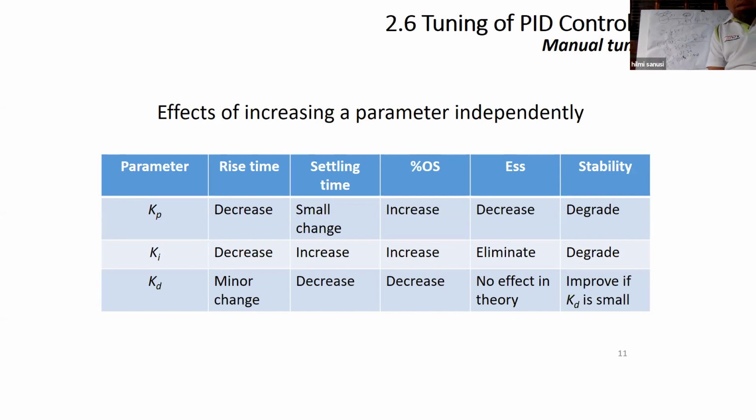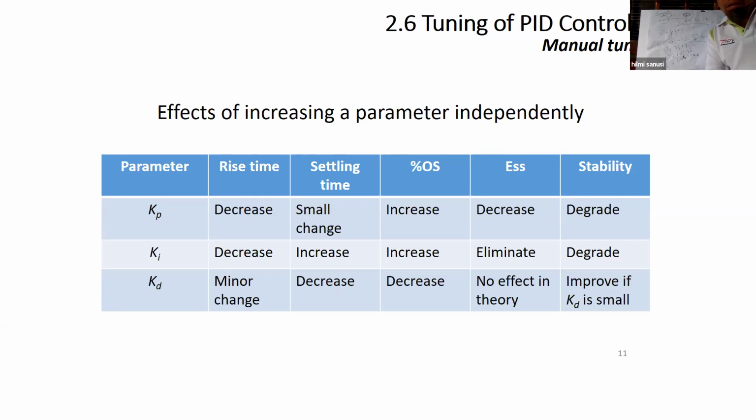KI, rise time will decrease, settling time will increase, percent of overshoot will increase, steady state will be 0, and then stability degrade. KD, rise time only minor change. Maksudnya dia tak kacau sangat on your rise time.